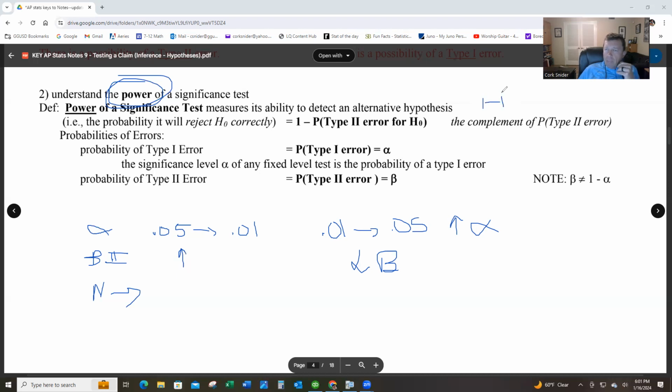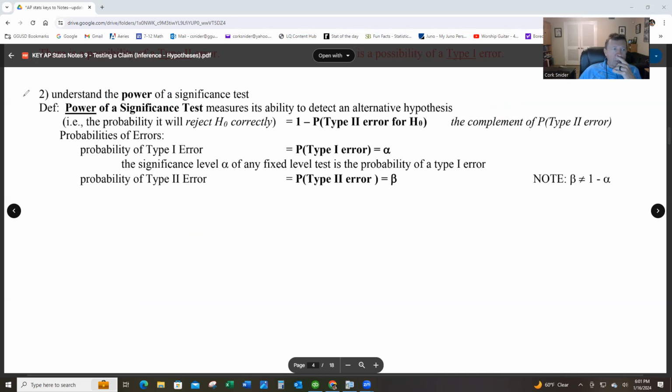So it's one minus beta. Now, also the power of a test goes up when you increase samples and when you increase alpha. So if you make something easier to prove by increasing alpha and you get more evidence, more samples, that test is more powerful. That's the main thing you got to get out of that. I know this is very complicated.